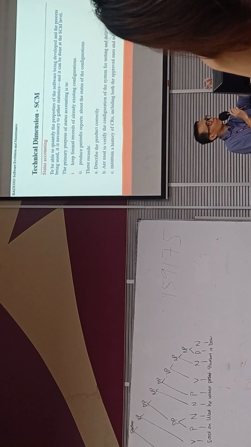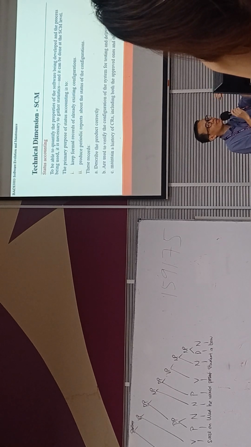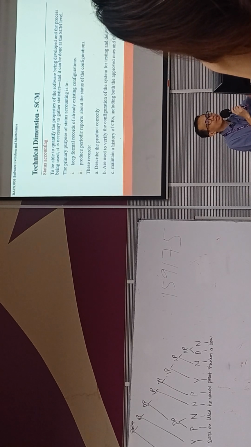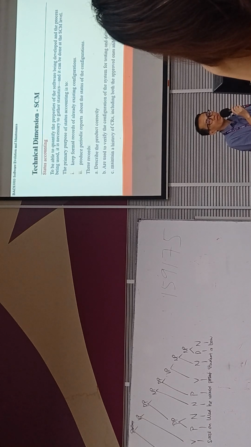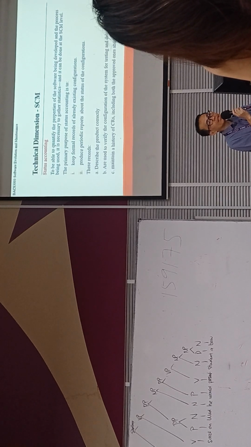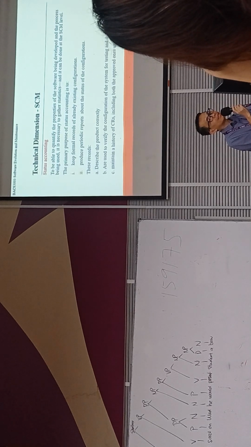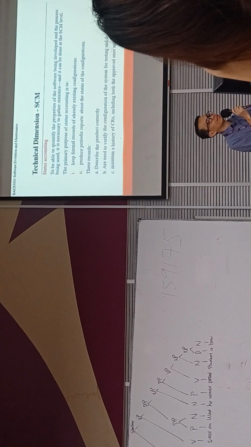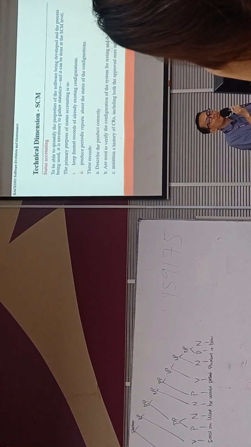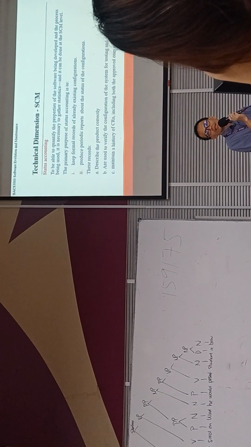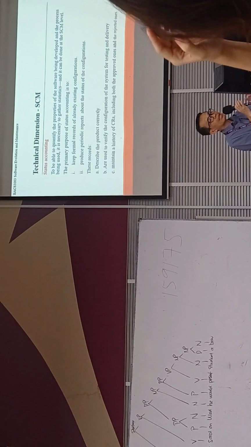So what does the record describe? Describe the product correctly, used to verify the configuration of the system for testing and delivery, and maintain a history of change requests. CR stands for change request, including both the approved ones and the rejected ones. So this is the status accounting.